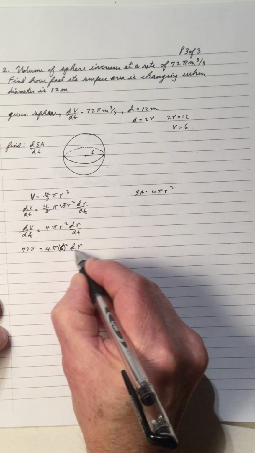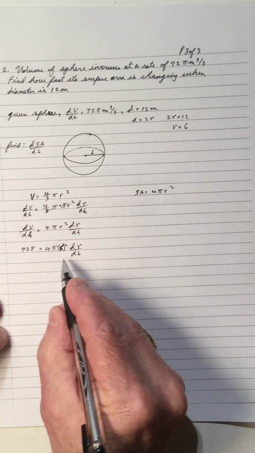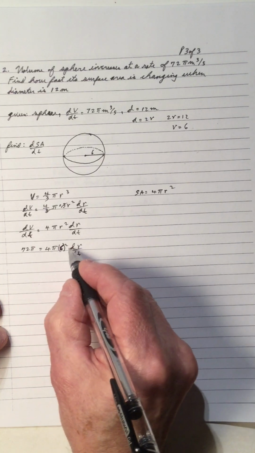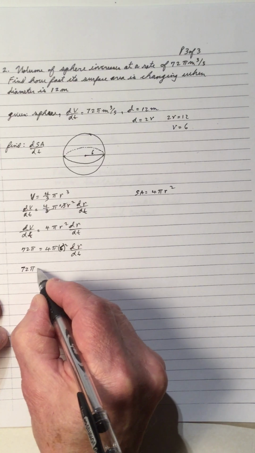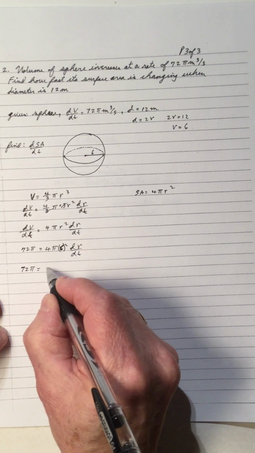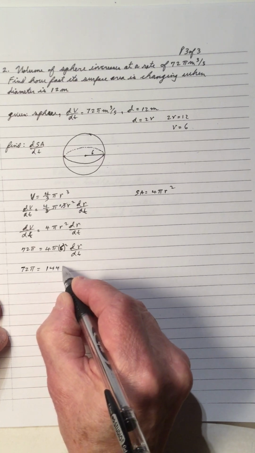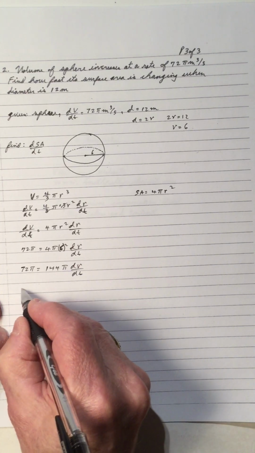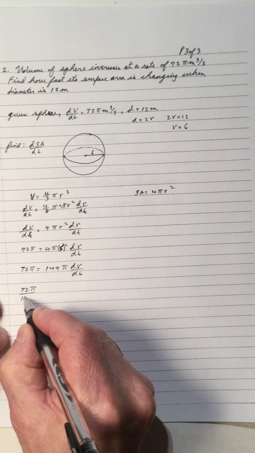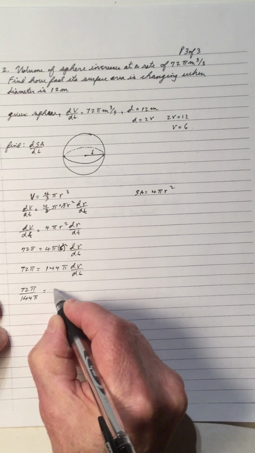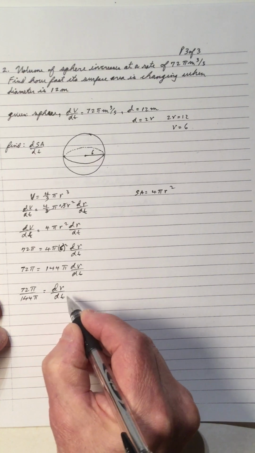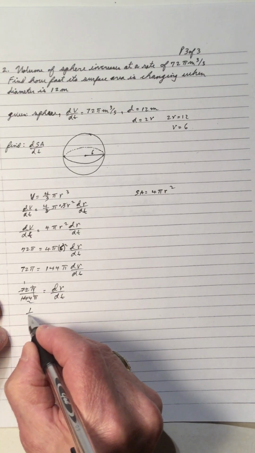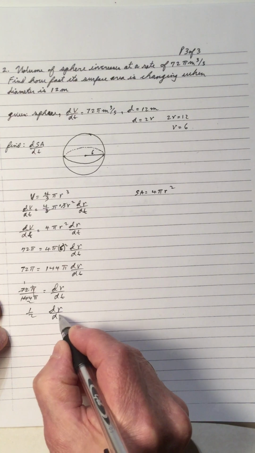We got dV/dt, we got r, the only unknown is dr/dt, so we work this out. 72 pi equals 36 times 4, that's 144 pi dr/dt. And so we divide 72 pi by 144 pi equals dr/dt. The pi's cancel, and that's 1 over 2. So that's 1/2 for dr/dt.